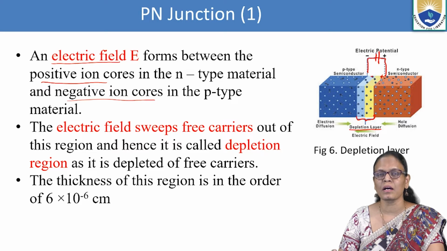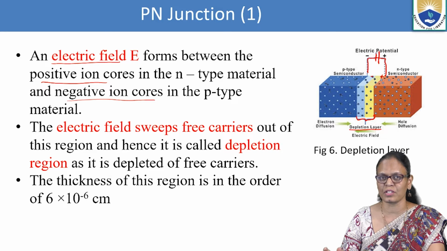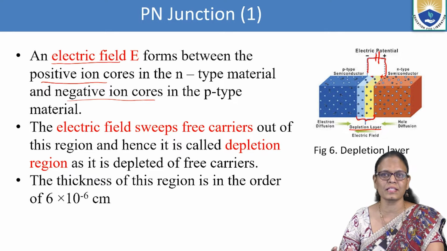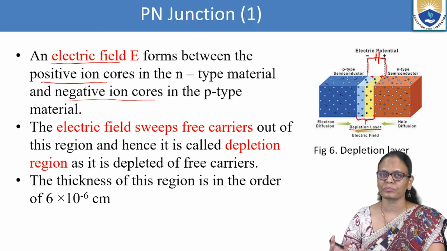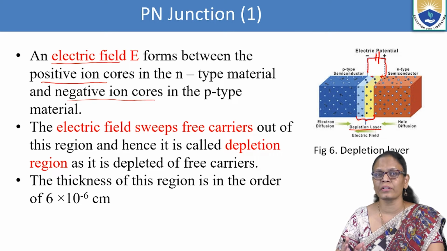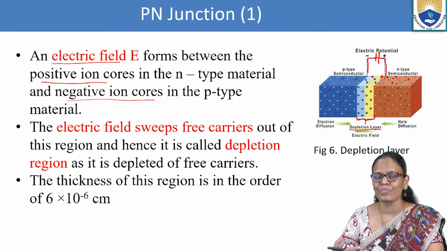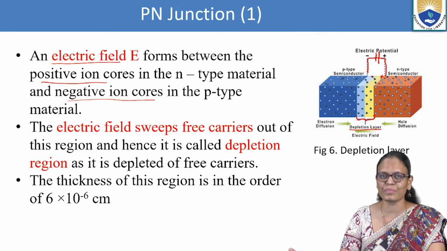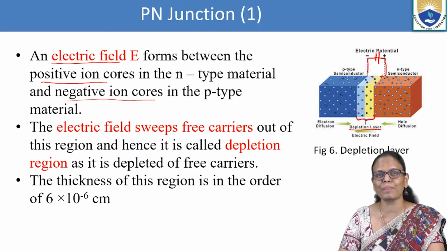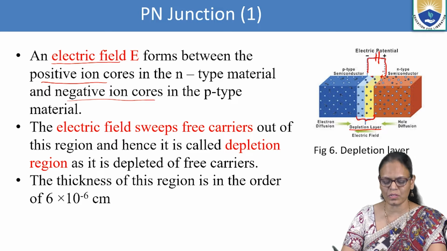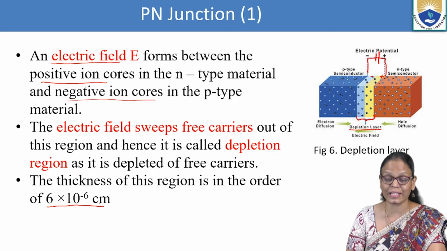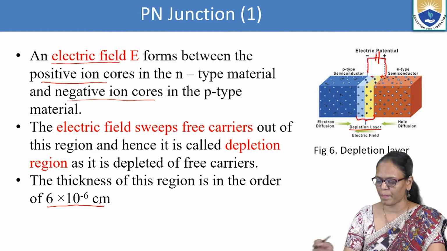Depletion layer means a region where there are no free charges, because the electric field that is developed due to these ions is removing the charges. So all the charges are swept away and we have this depletion layer which is depleted of charges. The thickness of this layer is very small. It is of the order of 6 into 10 power minus 6 centimeter.